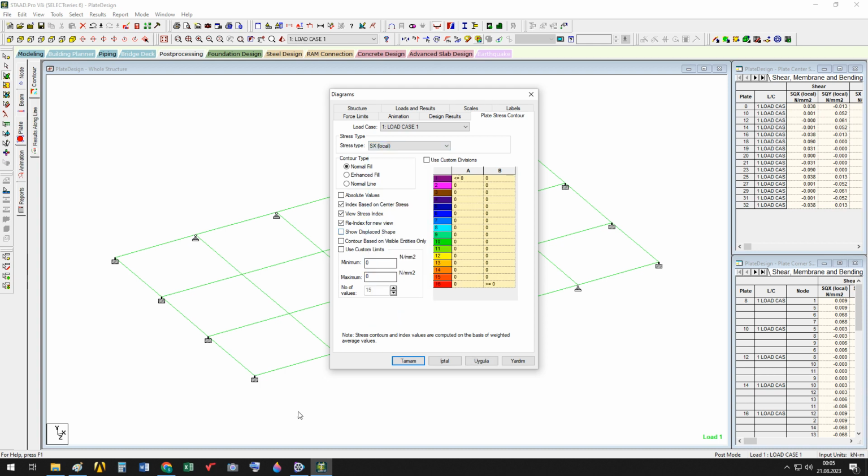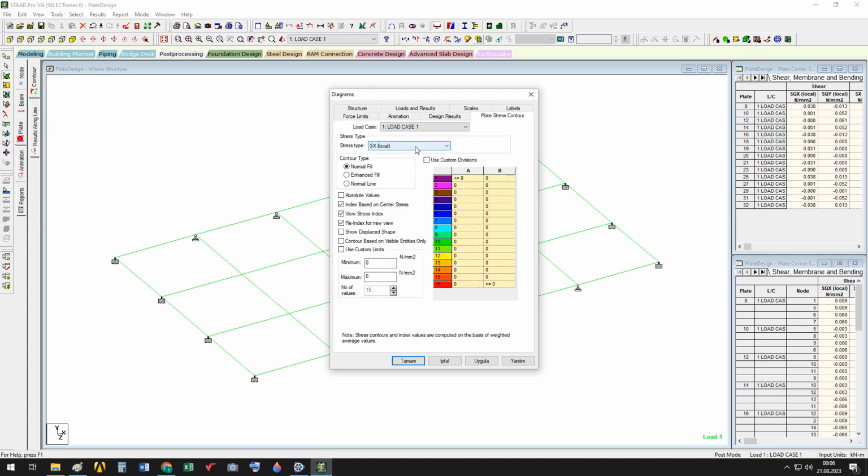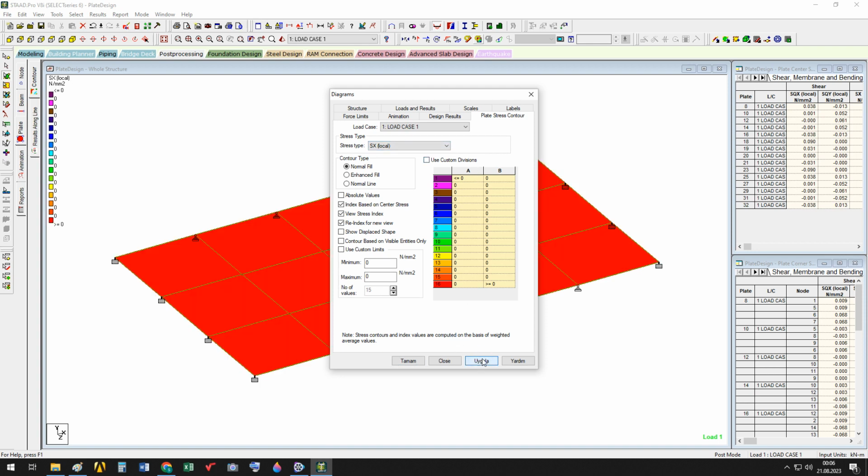Sx is a force. Sx, Sy, Sxy, they are forces. We have no Sxy force.